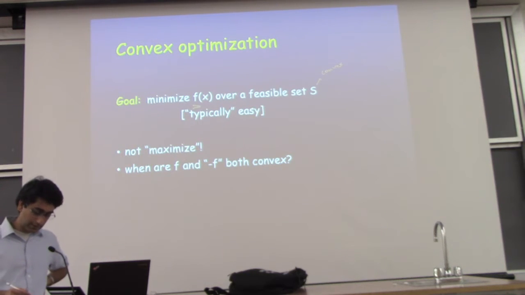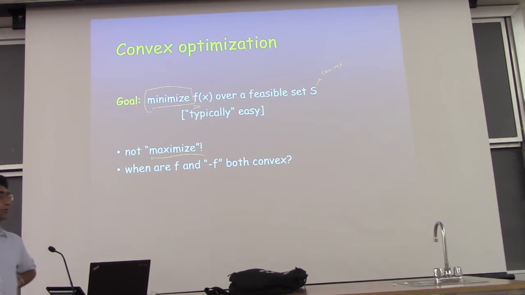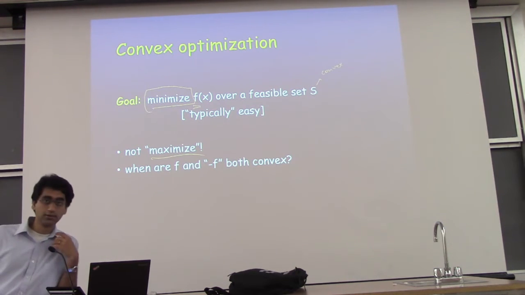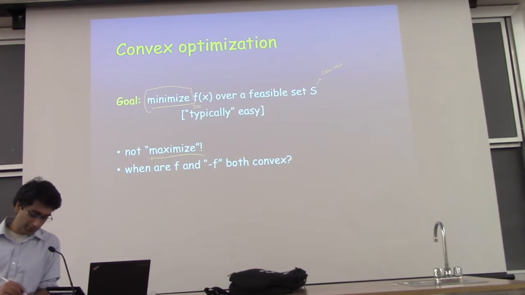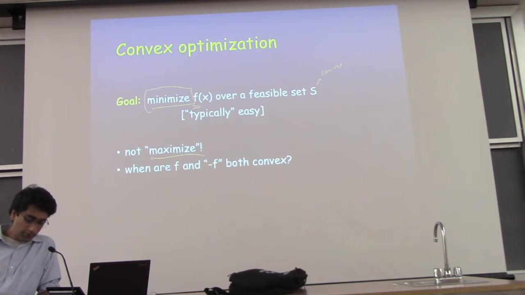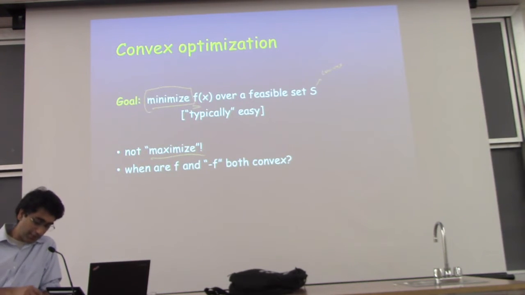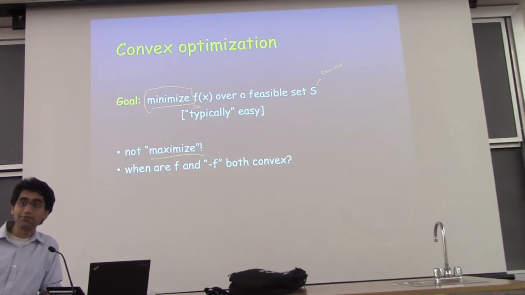But first, the important thing to notice is it's only minimizing a convex function. If instead you wanted to maximize a convex function, it could be hard. Maybe we'll see an example of that in the homework. But maybe some of you are thinking maximizing f of x is the same as minimizing minus f, right?